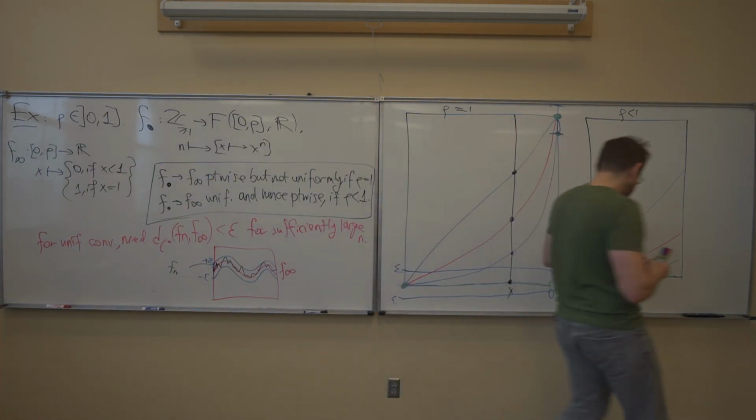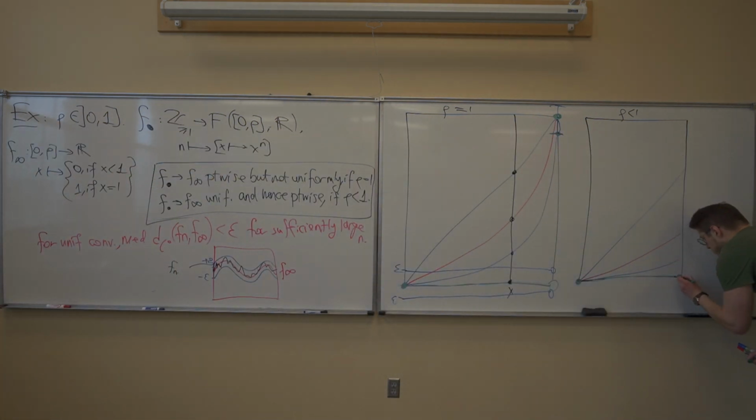And none of these monomials actually reach the 1 because I'm cutting the graph before that happens. So this height is going to be exactly rho, for instance, because this function is supposed to be the diagonal function, and then this is rho squared and so on.